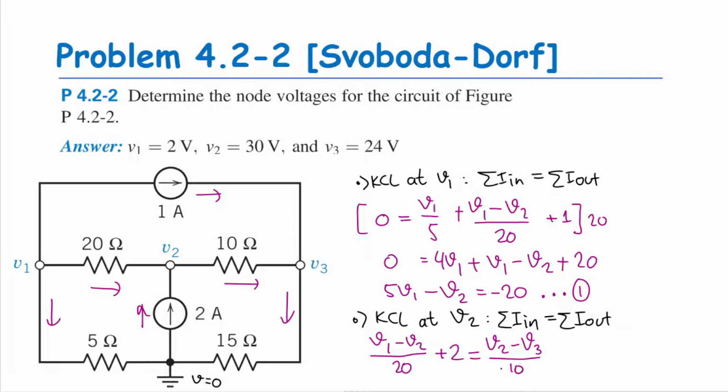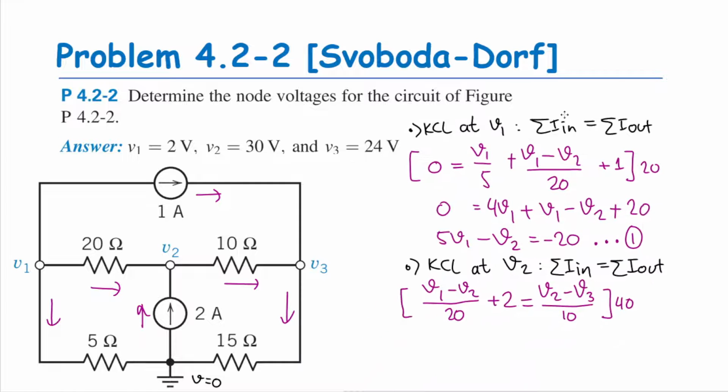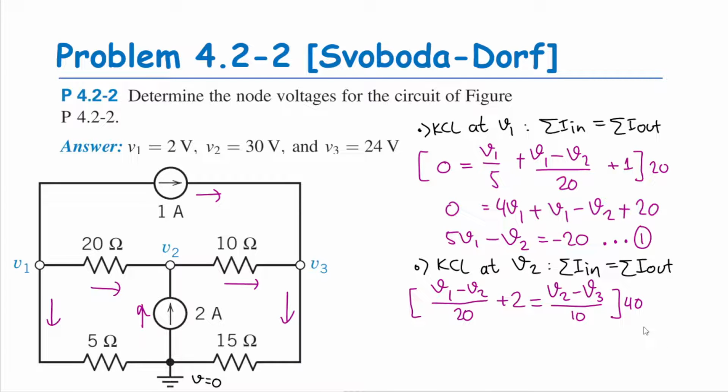Okay. Maybe we can multiply both sides here by 40. Okay, I think we need to move it a little bit up to get some more space. It's like that. So we will have, what is it? 2V1 minus 2V2, and then plus 2 multiplied by 40, that will be 80.